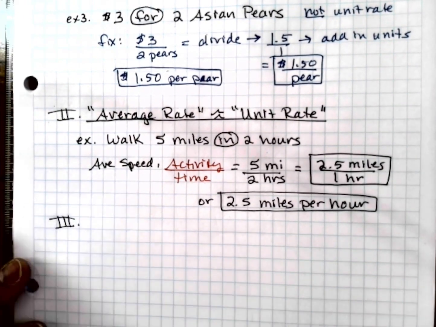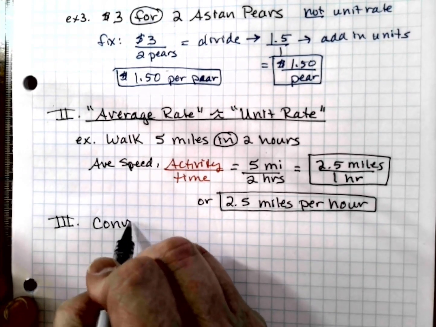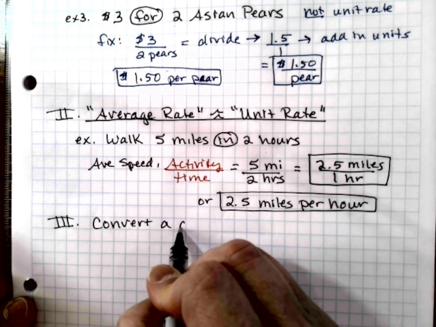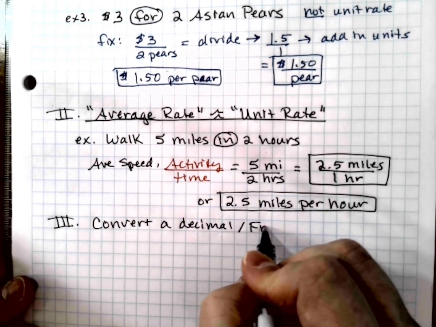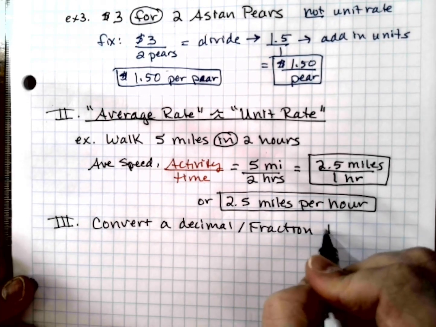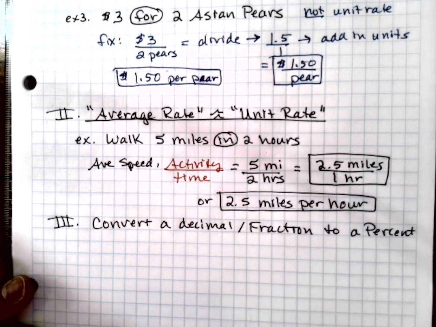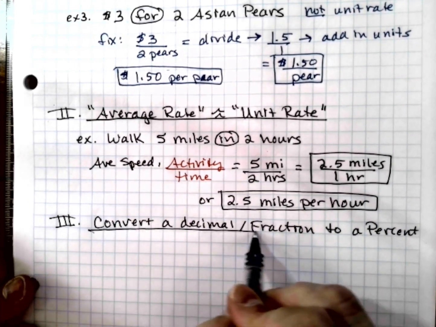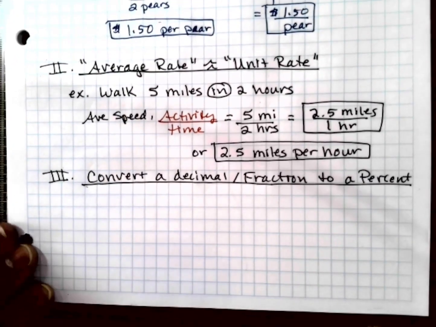Okay, Roman numeral 3. All right, we are going to convert a decimal or a fraction to a percent. They're kind of on the same continuum of activity.